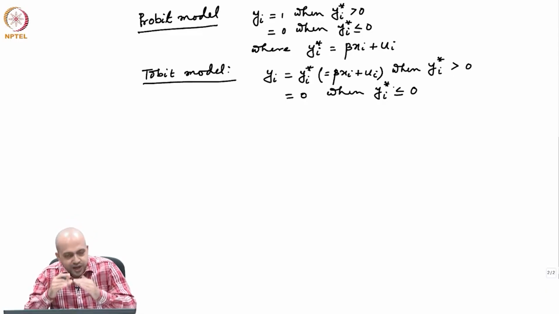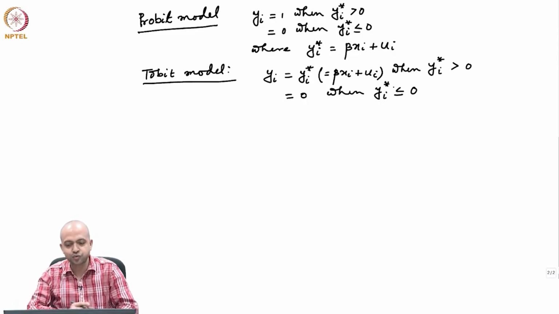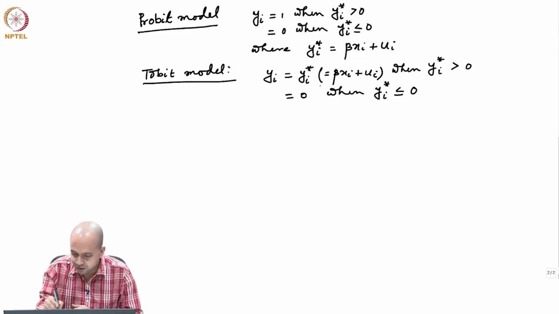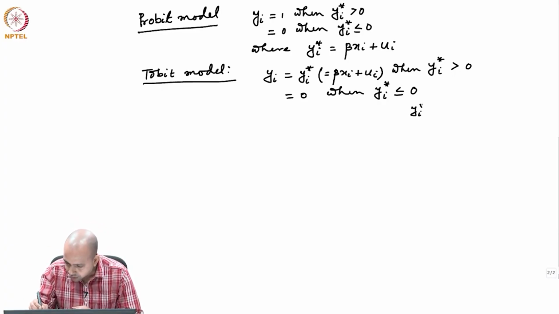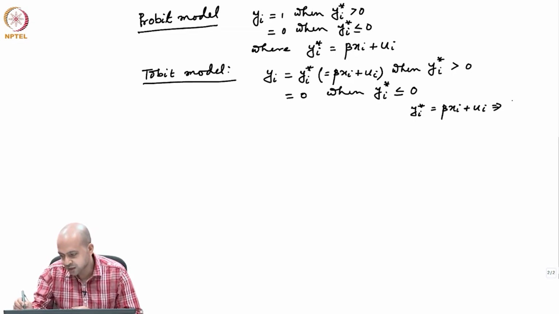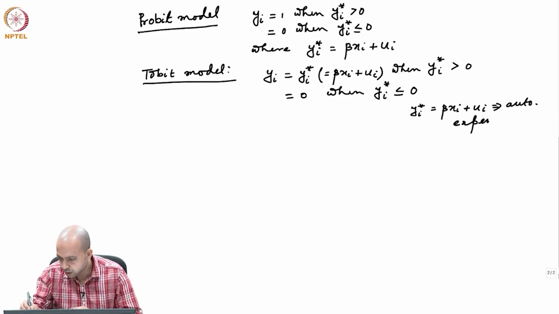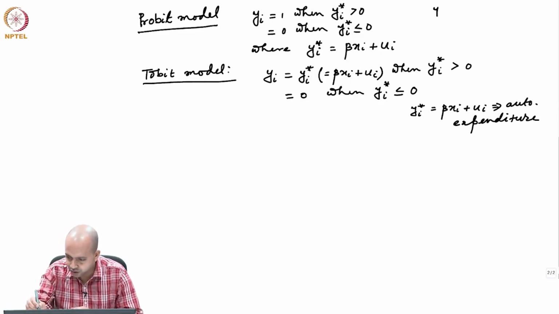So, my dependent variable yi is yi star, which in the Tobit model is, for example, automobile expenditure, where yi star is a latent variable.